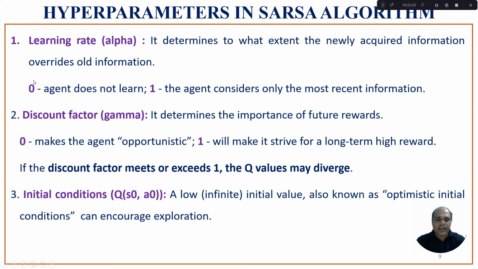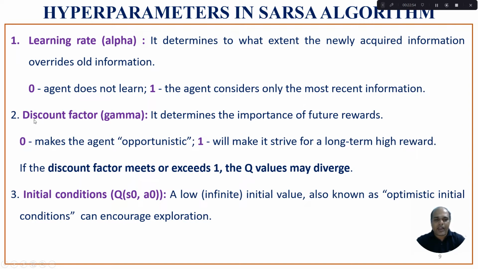For example, if the learning rate is 0, the agent does not learn. It does not update its parameters. Whereas if it is 1, the agent considers only the most recent information. So we should have a value between 0 and 1 so that it takes the current information and also its past information so that it can give a better predicted value.